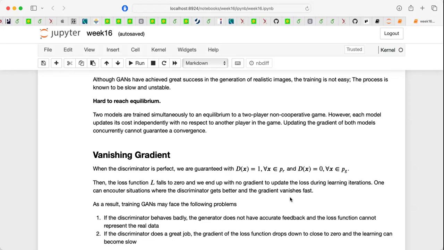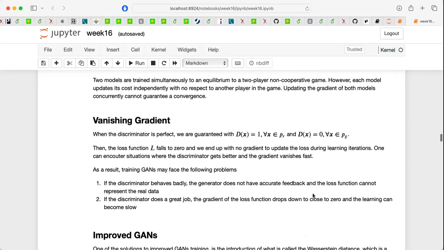One can encounter situations where the discriminator gets better and the gradient vanishes fast. So GANs may face problems: if the discriminator behaves badly, the generator does not have accurate feedback and the loss function cannot represent the real data. And if the discriminator does a great job, the gradient of the loss function drops close to 0 and the learning can become pretty slow.